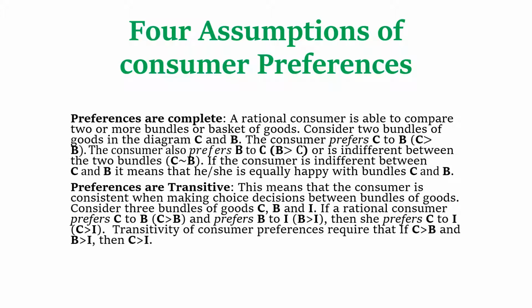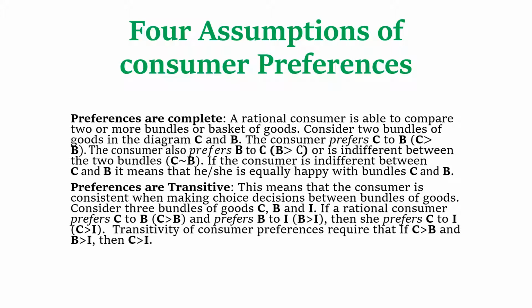Now, as we saw in the previous slide, the consumer is able to compare 2 bundles of goods, that is C and B. He can also compare 2 other bundles of goods, C and A, depending on the amount of goods that are in each particular basket or bundle.